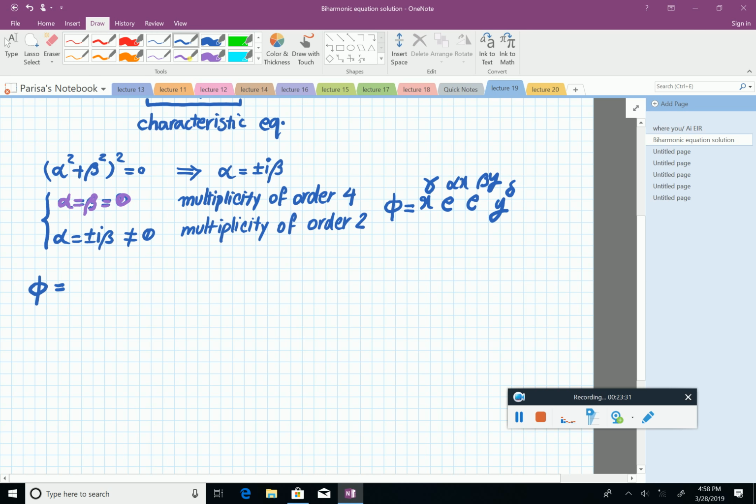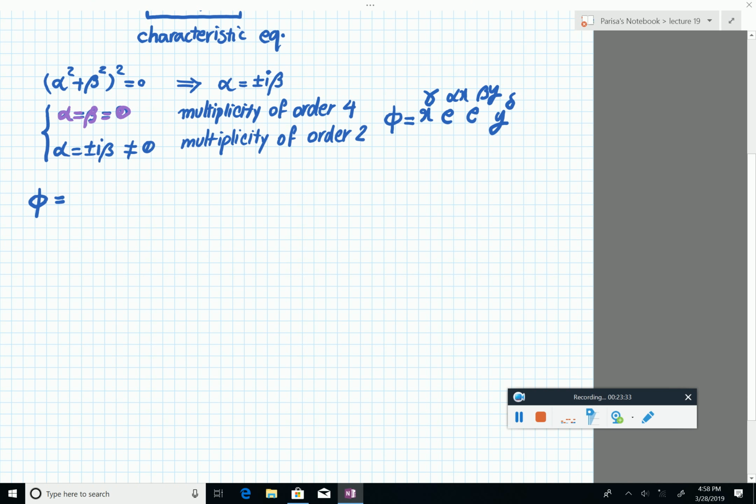Just this part, which is related to that. So I just use k. So it's k0 plus, you have to be patient, k1 x plus k2 x squared plus k3 x cubed. And you may wonder where is the exponential, because where alpha and beta are equal to 0, exponentials become 1. So there is no exponential.